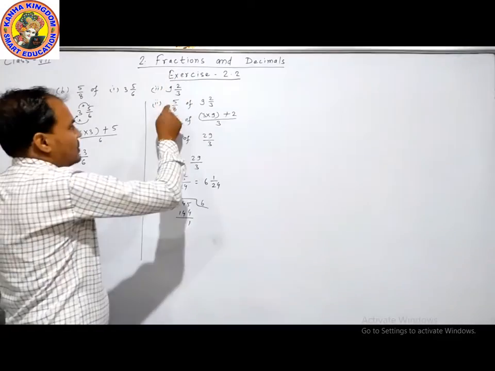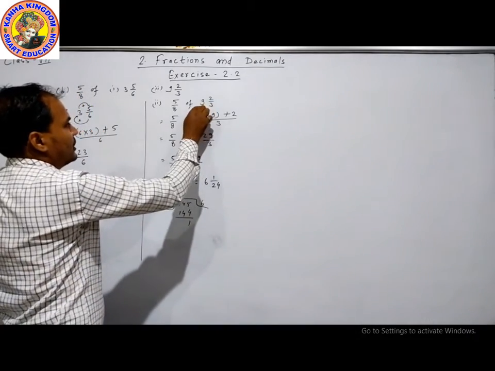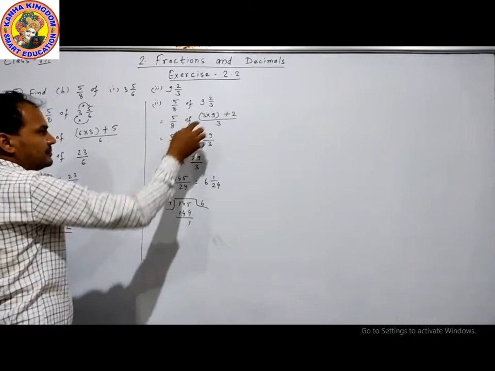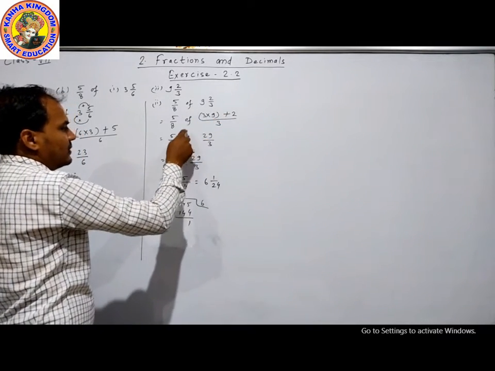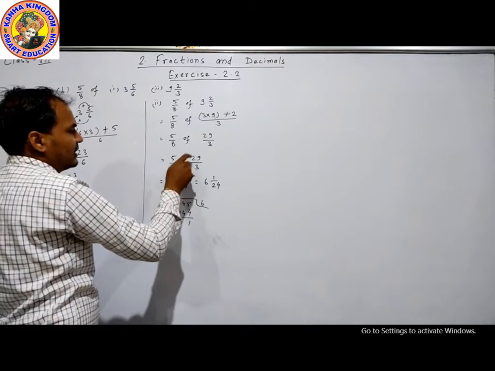Second part, 5 by 8 of 9 2 by 3: 3 into 9 plus 2, divided by 3. 3 into 9, 27 plus 2, 29. Then we replace "of" by a multiplication sign.